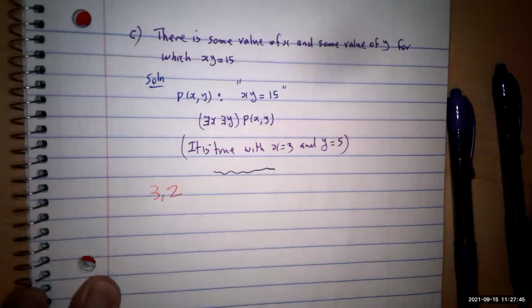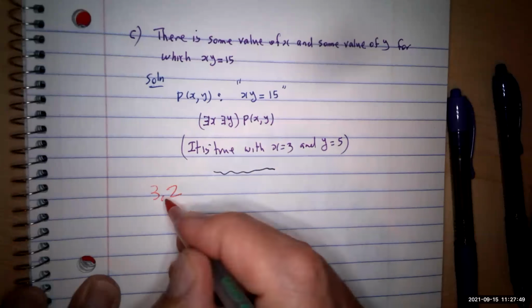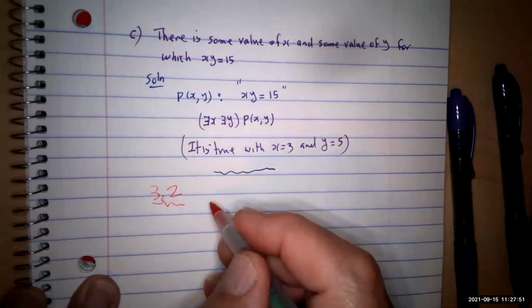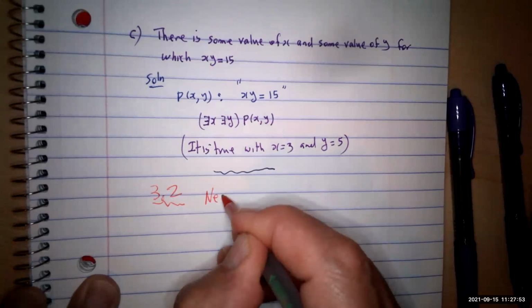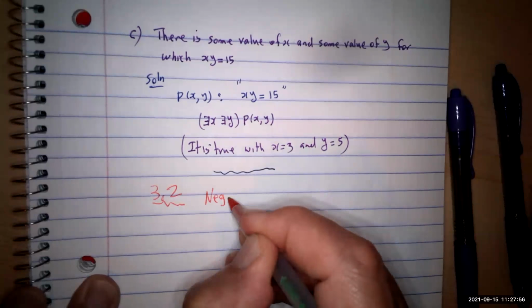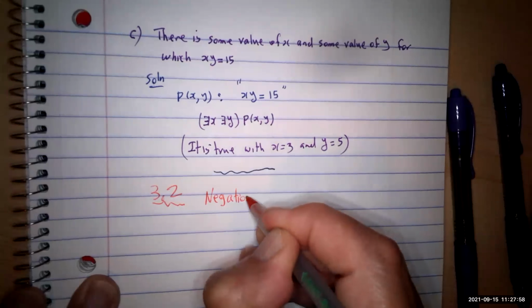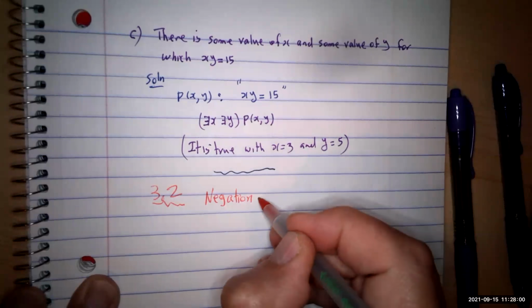In 3.2, we want to see what the negation is. Negation of a quantifier.